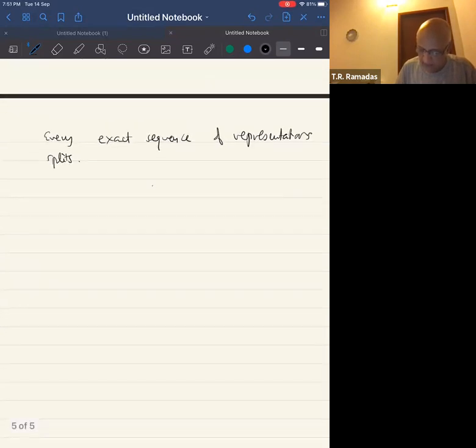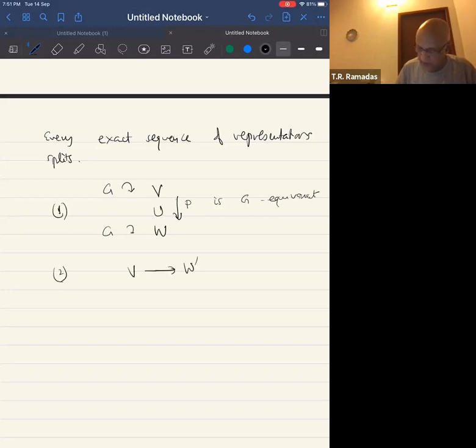Supposing I have a vector space V on which the group acts, and a subspace W which is invariant, then there is a projection P from V to W which is G equivariant. That is 1. 2, if I have V to W prime, a surjective map of G vector spaces, then there is a G equivariant splitting of this map.